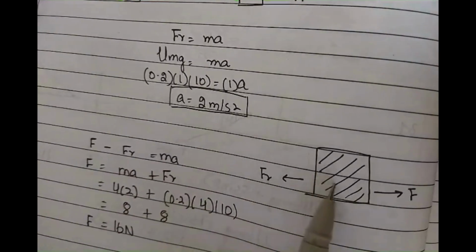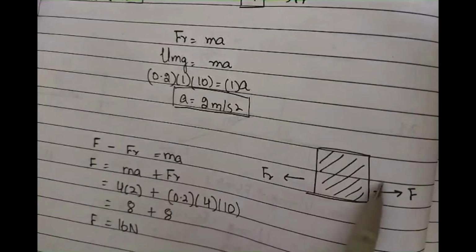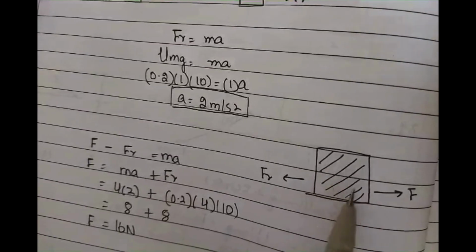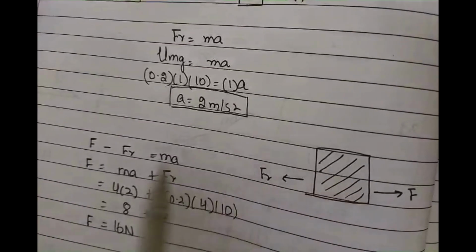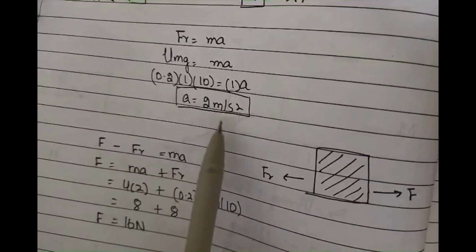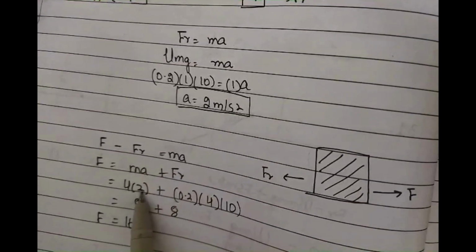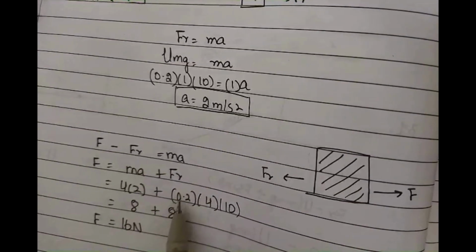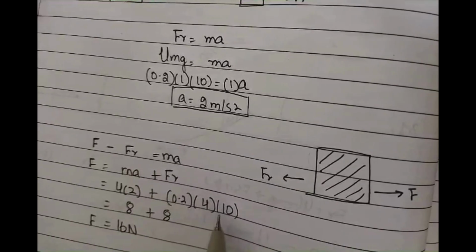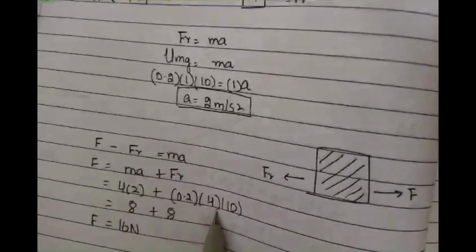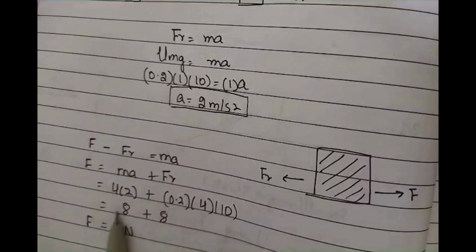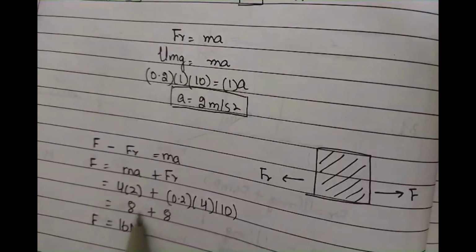Now, we're considering both of these blocks as a single system because they have to move together as a single unit. So mass is going to be 4 into acceleration, we just found that out, that is 2 meter per second square, plus force of friction, that is mu mg: 0.2, mass 4 kg, g 10. So it's going to be 8 plus 8 and it's going to be 16 newtons.